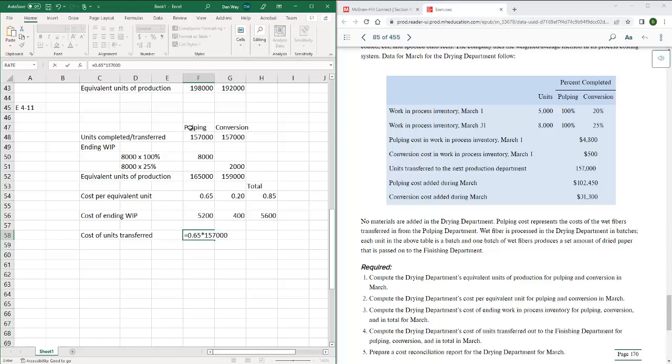Remember, that's the same as the equivalent units because those are 100% done with respect to everything. So 65 cents times 157,000 with respect to pulping, $102,050. Conversion, cost per equivalent unit 20 cents times 157,000 units transferred, $31,400.